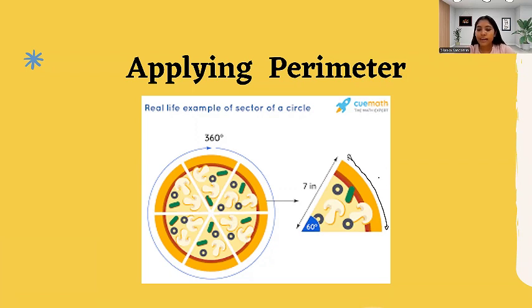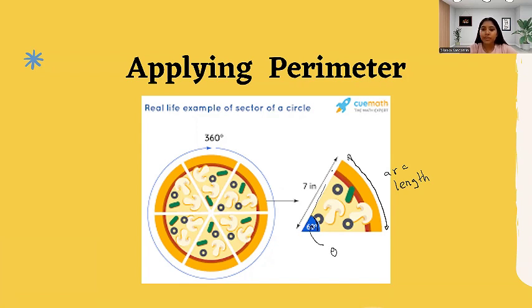This is the arc length. And this angle, we call it the angle at the center. Here it is 60 degrees. And if we do not know the value, you can call it theta.